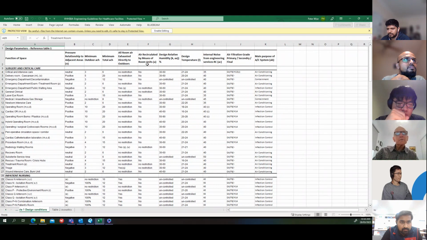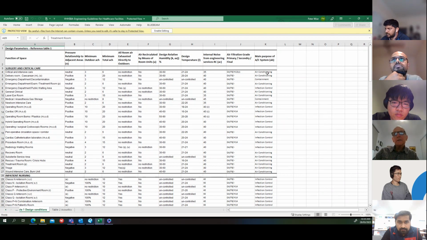Air is circulated by means of room units, yes or no. Design humidity, design temperature range, noise levels, air filtration grades, and main purpose. So it's either air conditioning or infection control. Air filtration grades are important to comply with that.